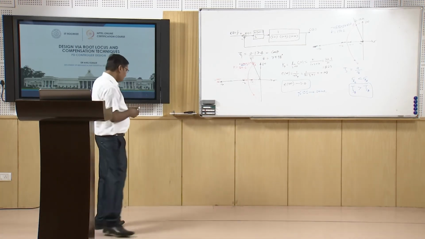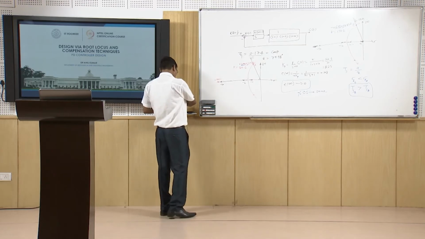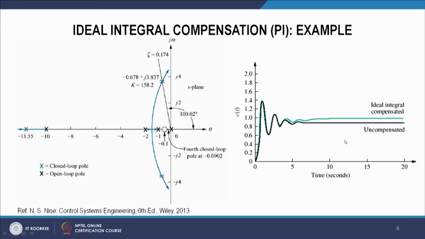the PD controller. In this diagram we can see the response of the two systems. This is the uncompensated system, and we can see it has this transient response characteristics, but the steady state error is large.